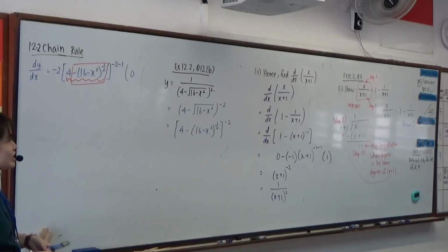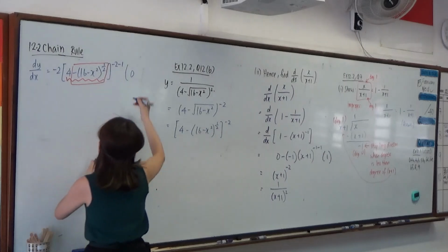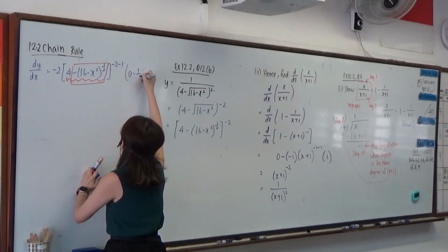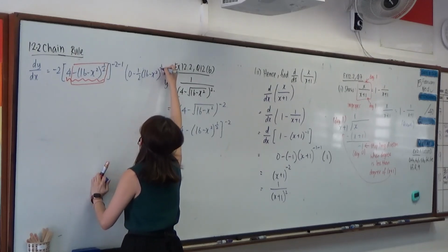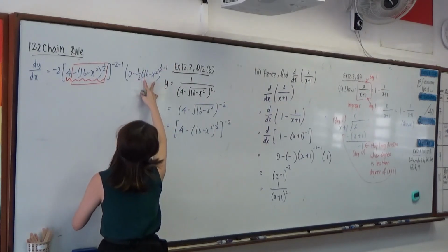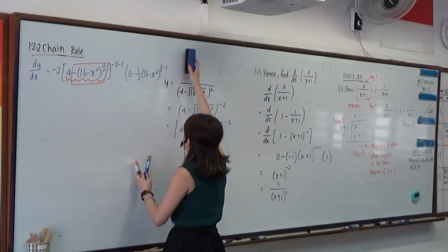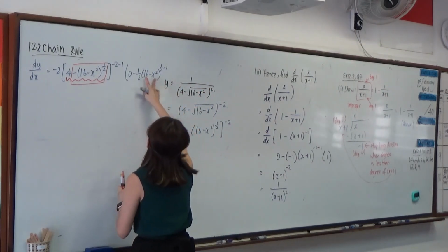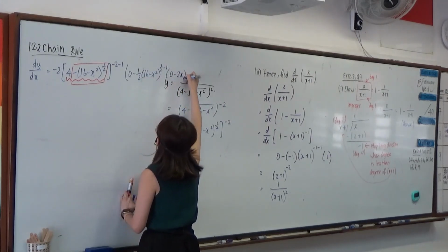By chain rule again. So this is a minus, the power bring down. So minus half. 16 minus x squared. Power minus 1. 16 minus x squared need to differentiate again, we will get 0 minus 2x.